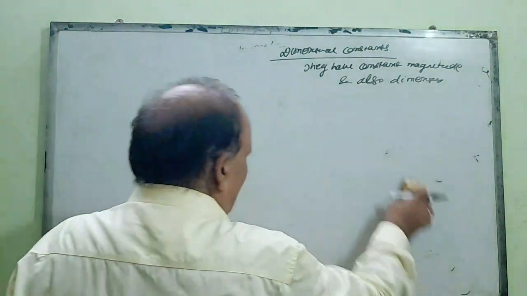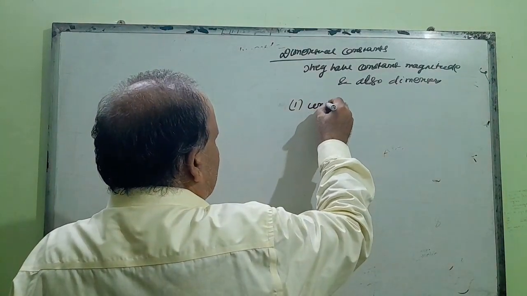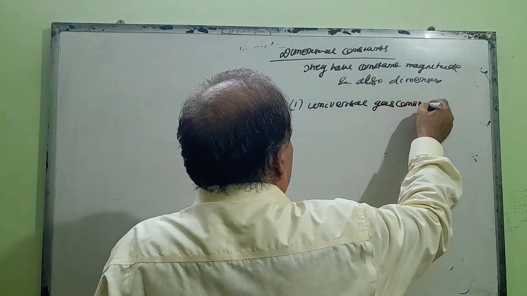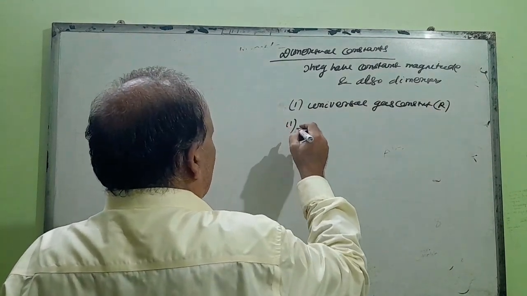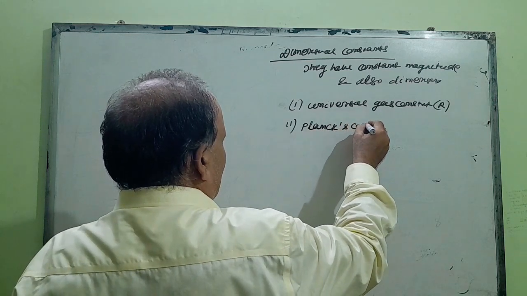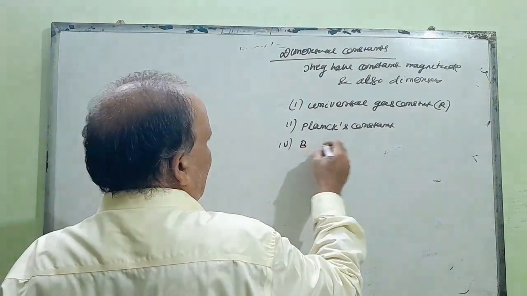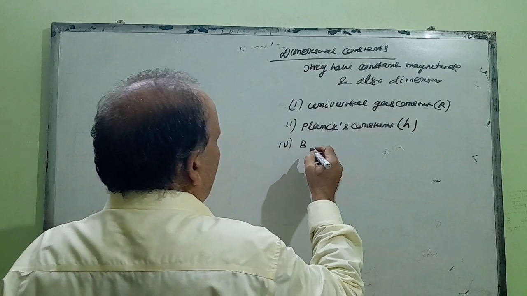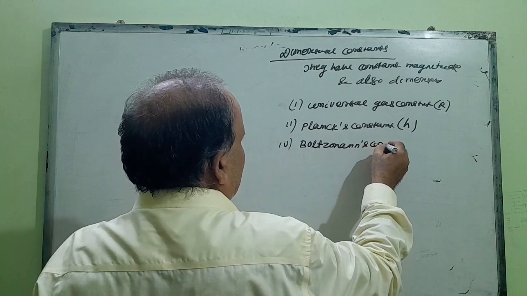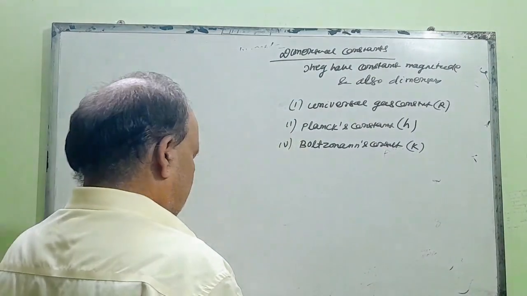Similarly, others are the universal gas constant, that is your R. Third one is Planck's constant, you write H. Fourth one is Boltzmann's constant, your K. Similarly, Stefan's constant is like this.